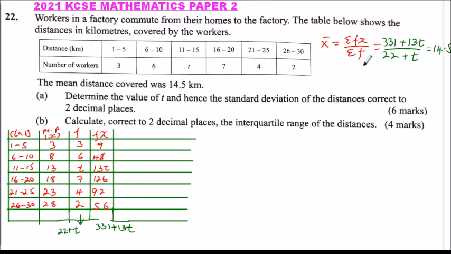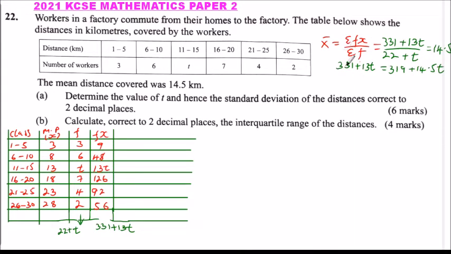We get 331 plus 13t equals 22 times 14.5, which is 319, plus 14.5t.